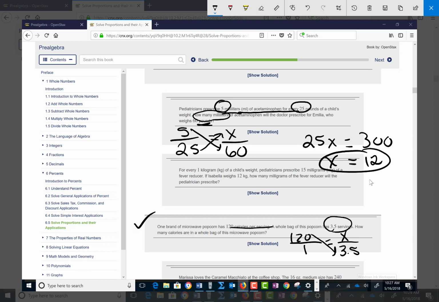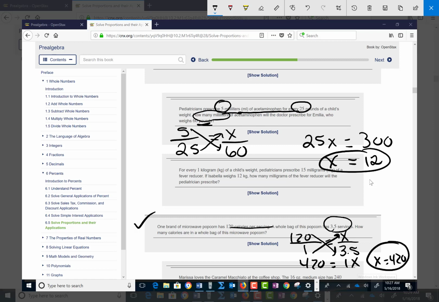So we would do 120 times 3.5, which is 420, equals 1 times x, and we divide by the 1, so we would have 420 calories. So that's how that works.